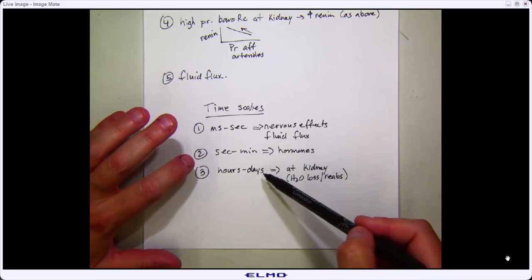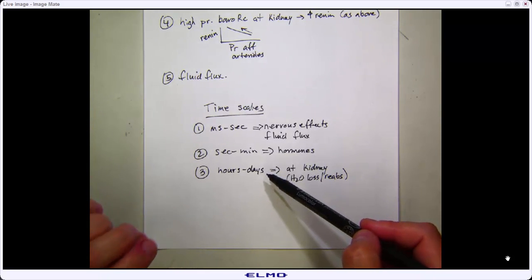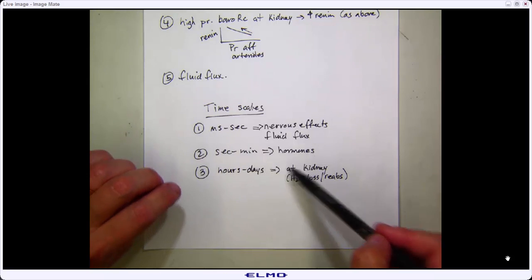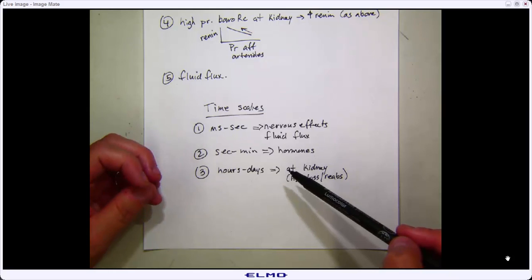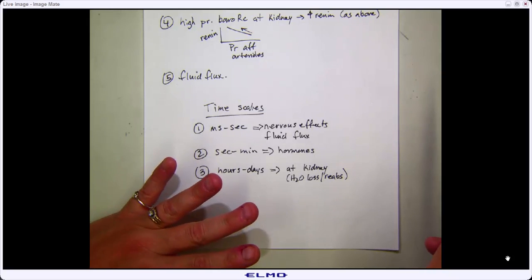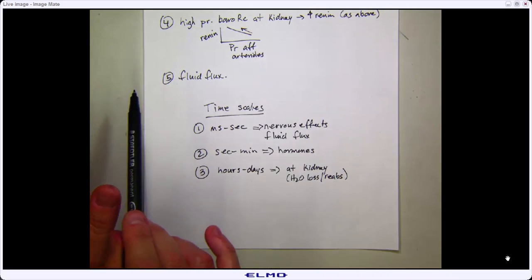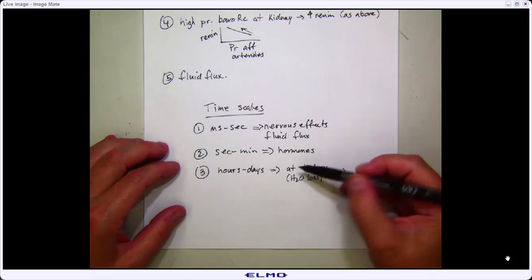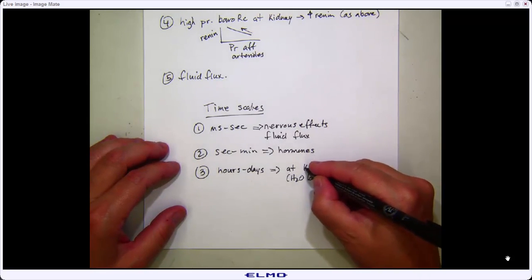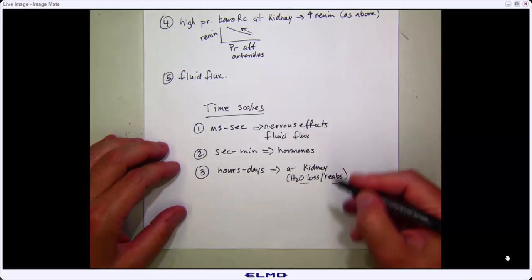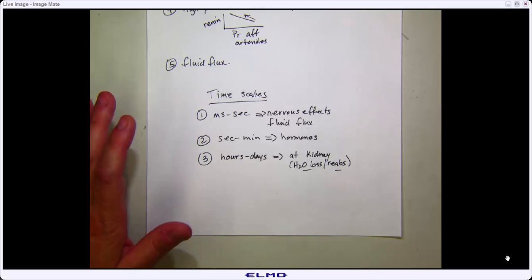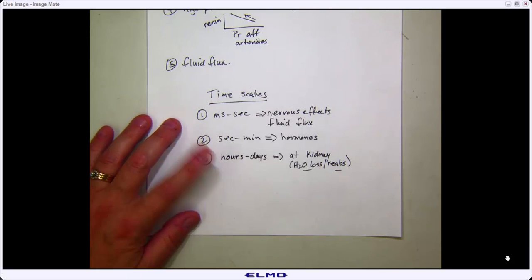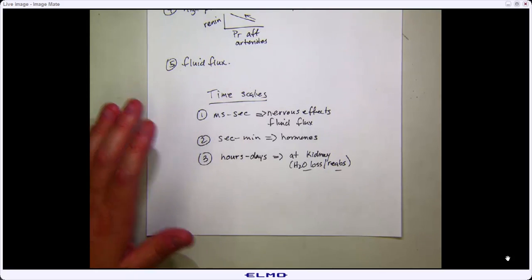But then when it's affecting water loss or reabsorption at the level of the kidney, we now have to just sit and wait for filtration to occur so that we can then reabsorb it. So that's why anything to do with water loss or reabsorption at the level of the kidney is an hours to days thing, because we really just have to wait for filtration to happen before we can get reabsorption to happen.